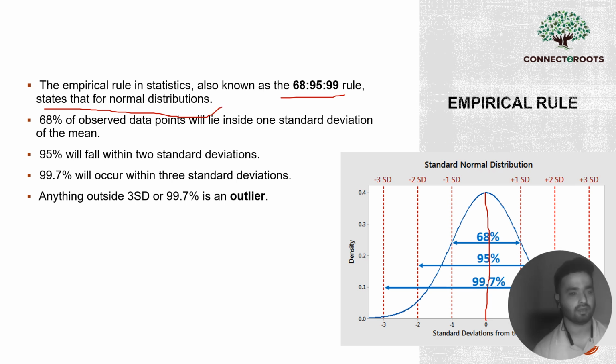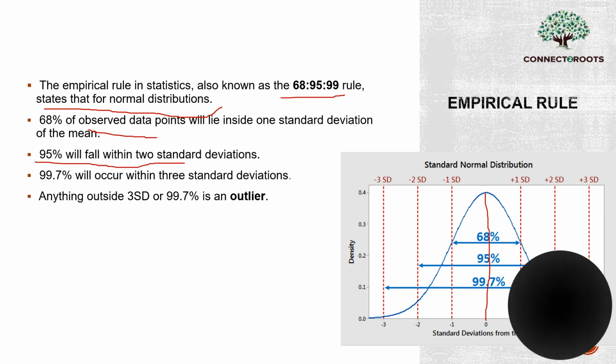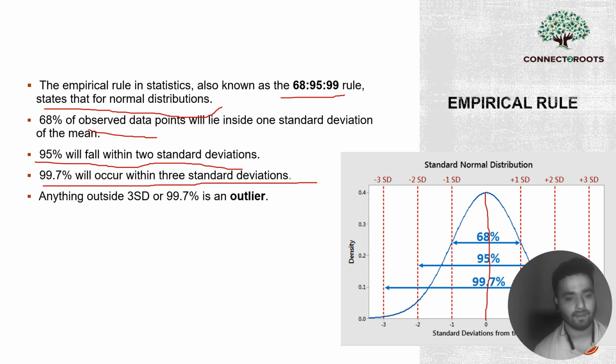Basically, 68% of your data points lie within one standard deviation, 95% fall within two standard deviations, and 99% fall within three standard deviations. This is your mean, this is plus and minus the first standard deviation, this is your second standard deviation, and this is the third standard deviation.